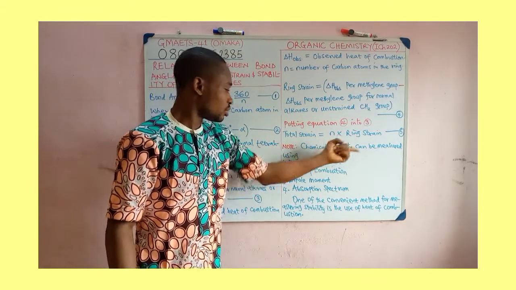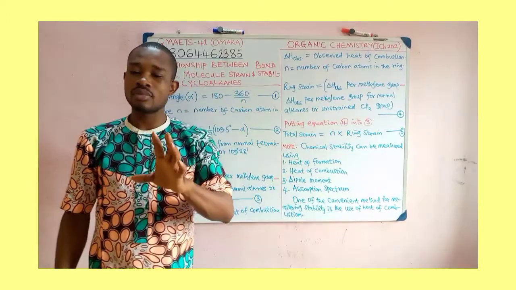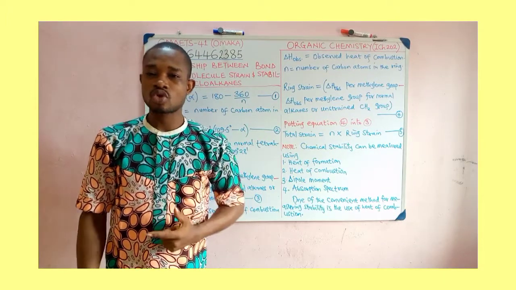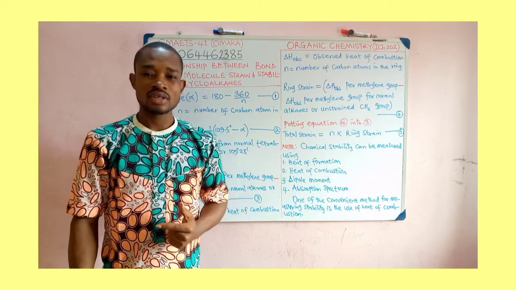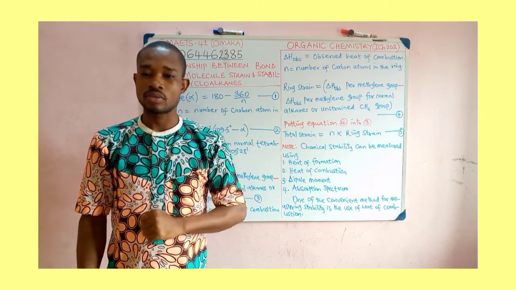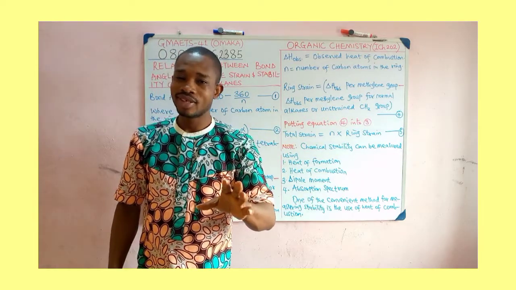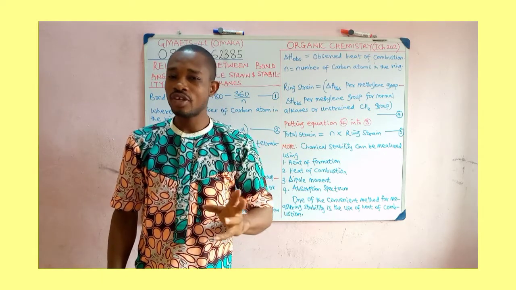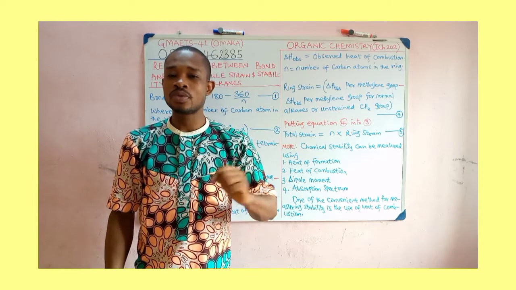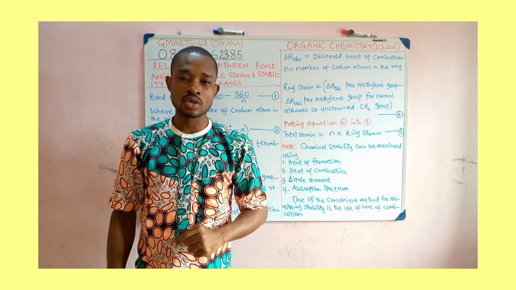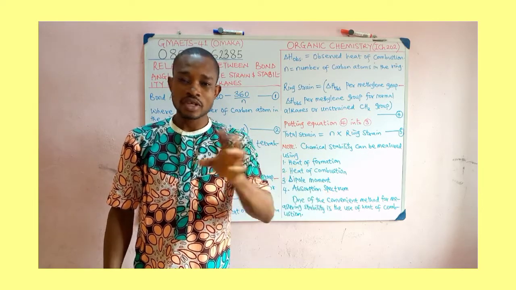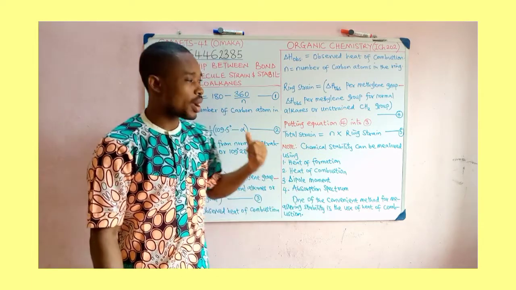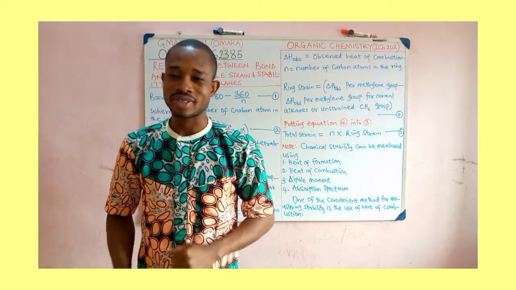Now take note of this: chemical stability can be measured using heat of formation, heat of combustion, dipole moment, or absorption spectrum. But the most convenient of them is the use of heat of combustion. In the next video, we are going to see how we can obtain the observed heat of combustion per methylene group for a given cycloalkane, and of course, pick questions to solve to see how we apply these formulas on the board.